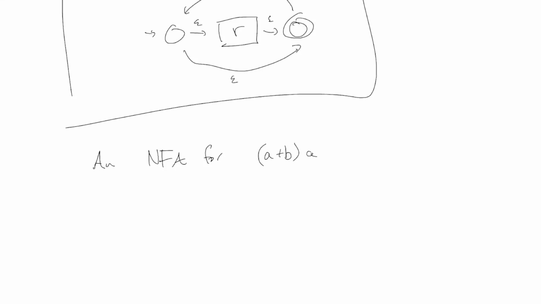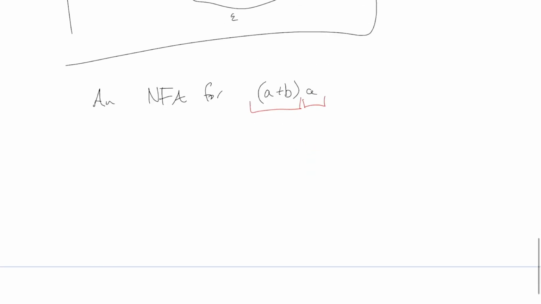So I'm going to break this down. Now I see a plus in there, although at the largest level, what I see is a concatenation. This thing followed by A, right? This is like an R1 followed by R2. And then the first of those things is one of these pluses, so I'm going to draw that as a 2 branching path. So I'm going to start with these 2 branching paths.